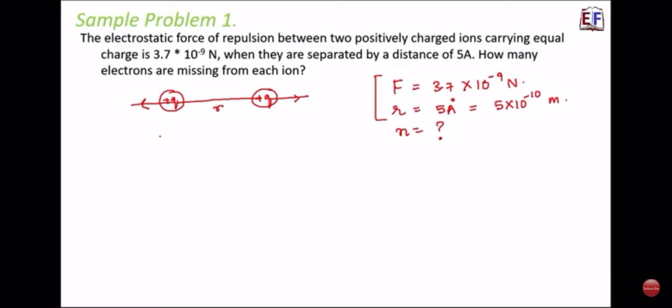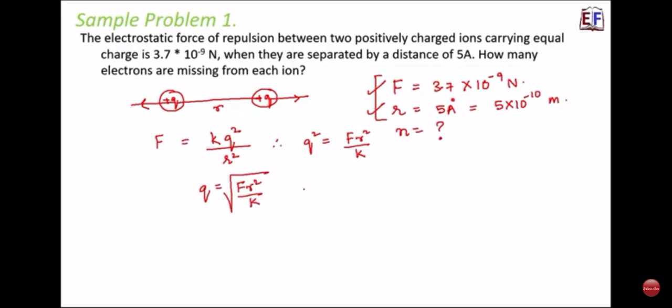Now from Coulomb's law, we know that F is equal to k Q1 Q2, which is Q square divided by r square. So therefore Q square will be equal to F r square divided by k. F is given, r is given, k is a constant which is 9 into 10 to the power 9. So we will put all of these values here.